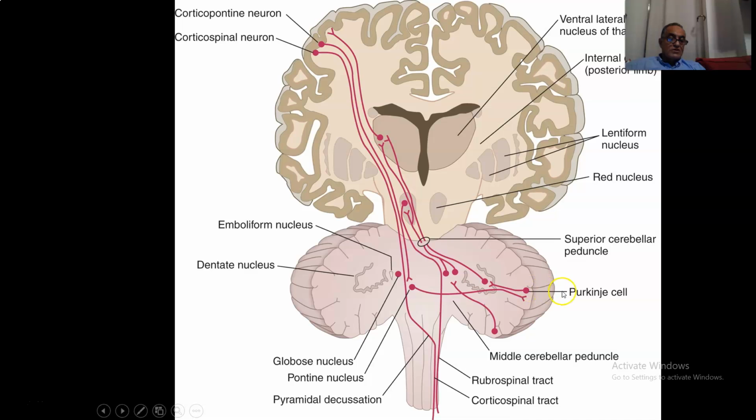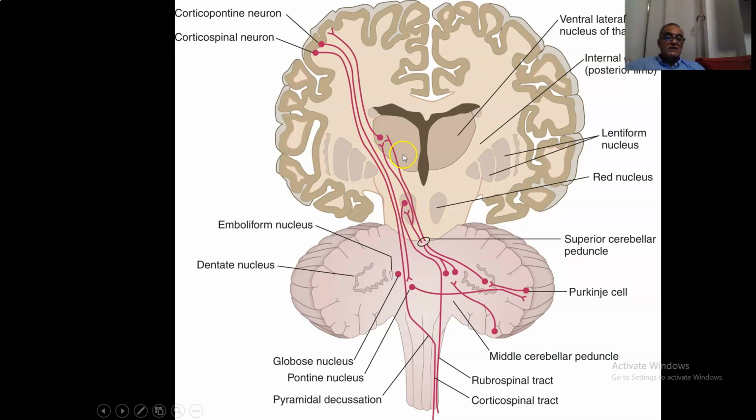Again, this is a more refined view. As we said, the afferents always come to the Purkinje cells. Purkinje cells relate to the dentate cells. The efferent comes from the dentate nucleus, crossing to the other side, and then reaching the thalamus. What part of the thalamus?